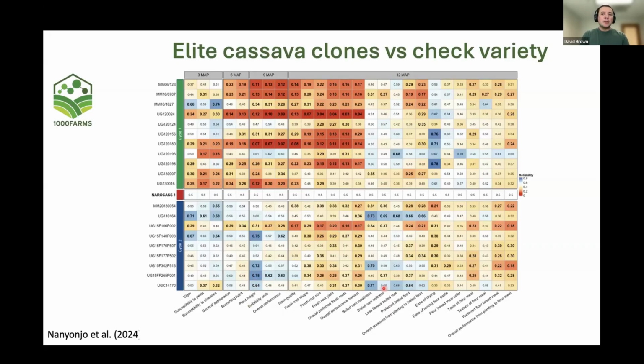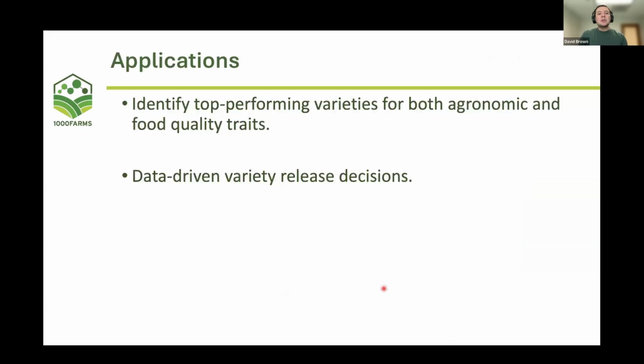But this allows breeders eventually to evaluate which variety is performing better in a more comprehensive way. So the potential applications of this is that, as I said, top performing varieties could be identified for both agronomic and food quality traits. And then the release of the varieties is based on data.